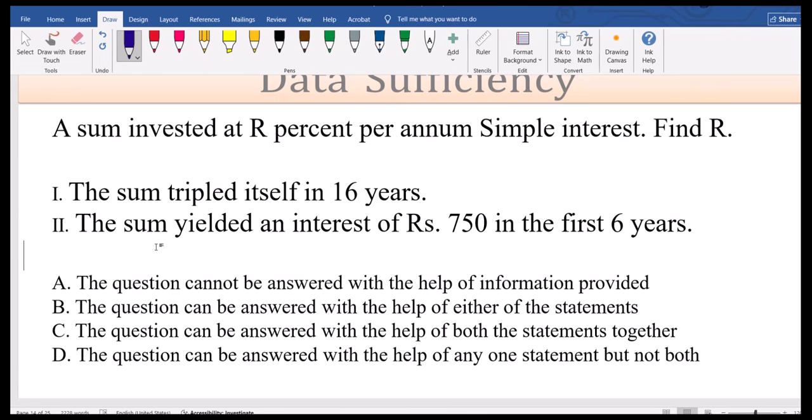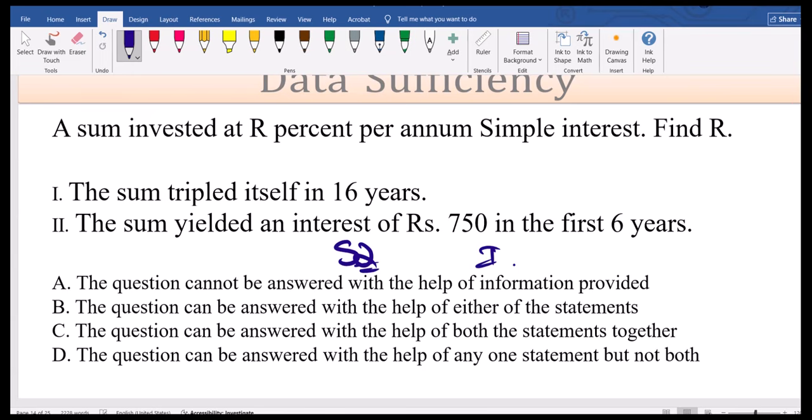A sum is invested at R% per annum simple interest. Find R. Is 2 alone enough? In 2 alone, what is available?